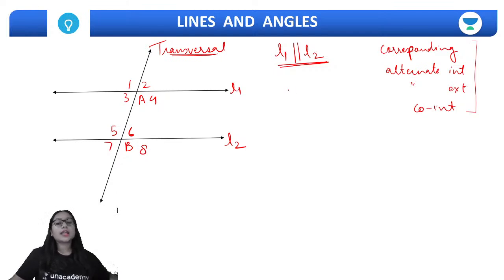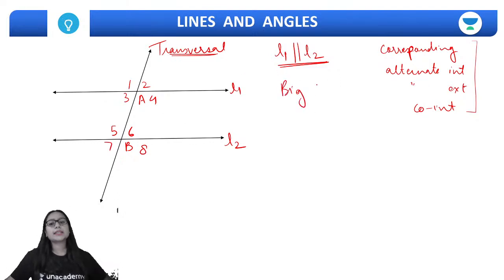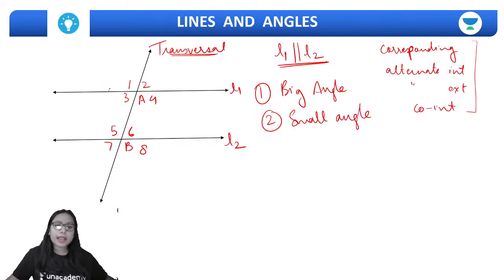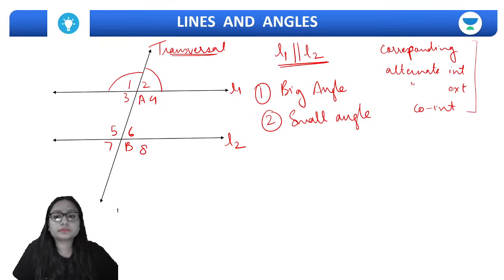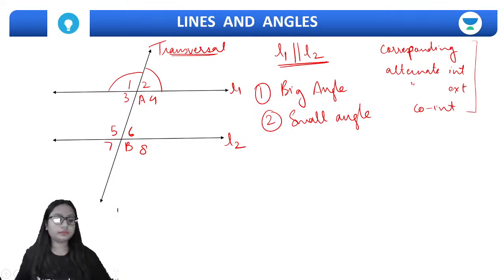So for ease of learning, I can divide all these angles into two categories. The first category is big angles, the second category is small angles. Now, just by looking at angle 1 and angle 2, can you tell me which is the big angle?